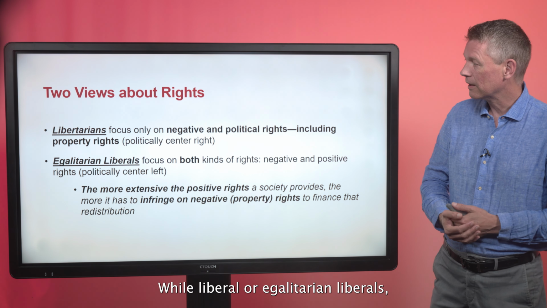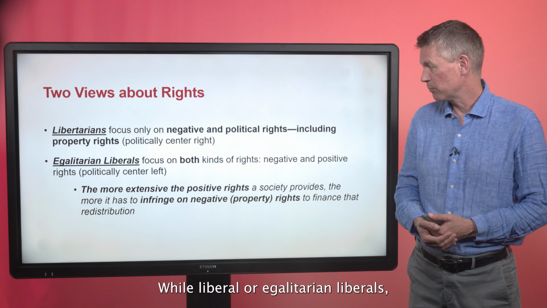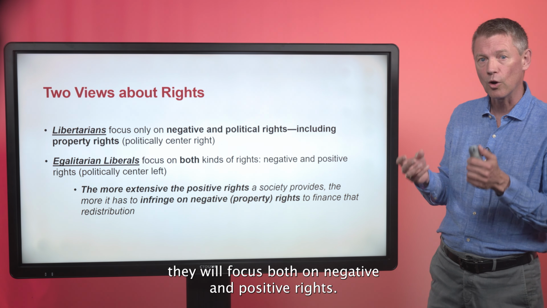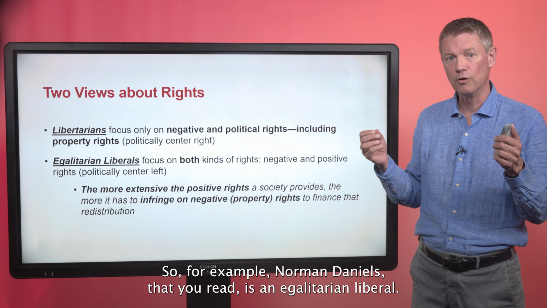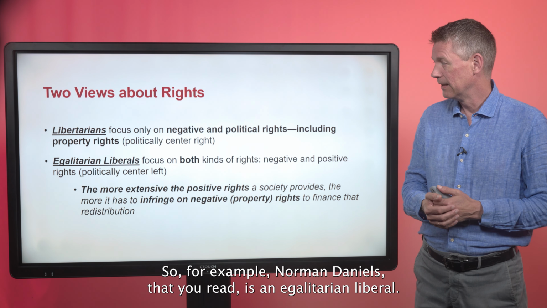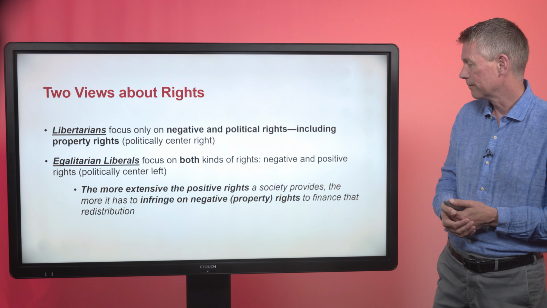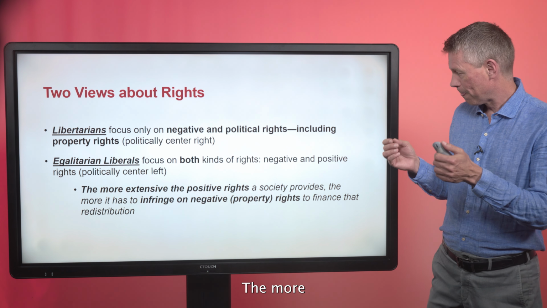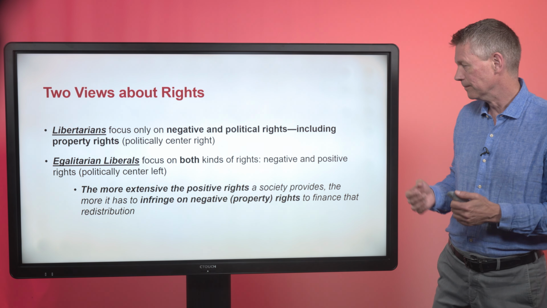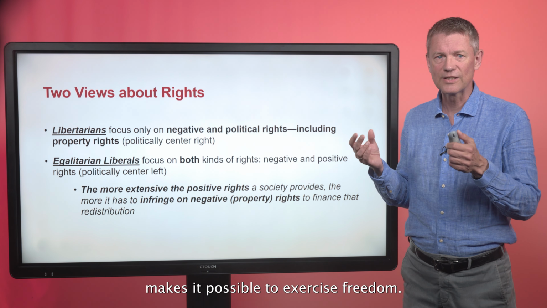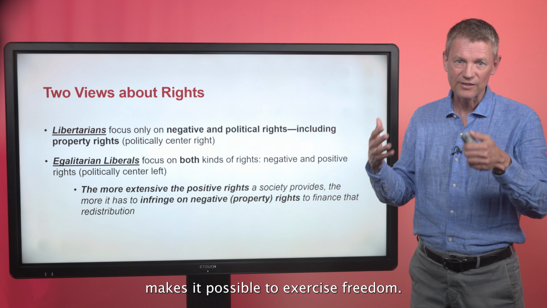While egalitarian liberals, they will focus both on negative and positive rights. So for example, Norman Daniels, that you read, is an egalitarian liberal. The more focus on positive rights makes it possible to exercise freedom.